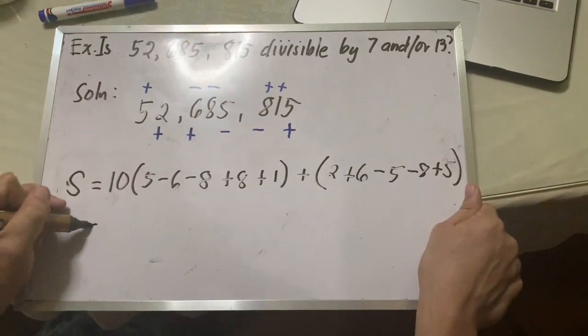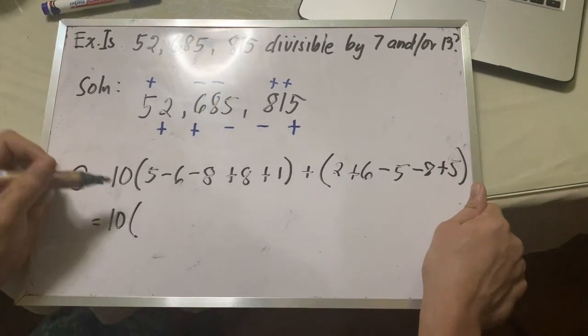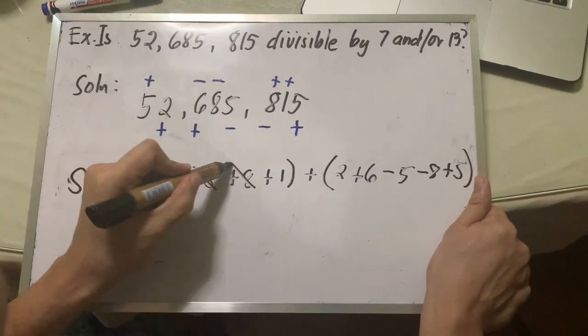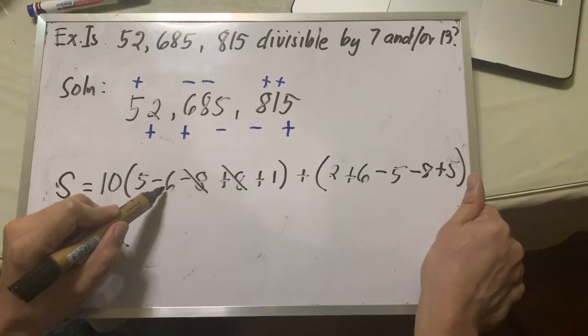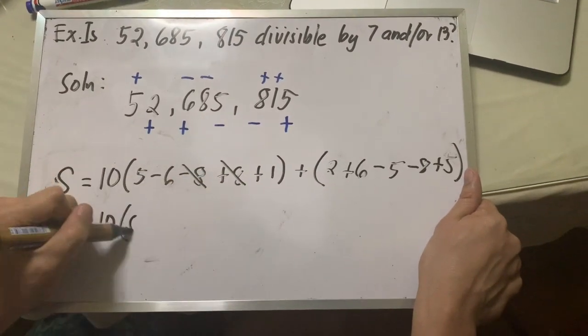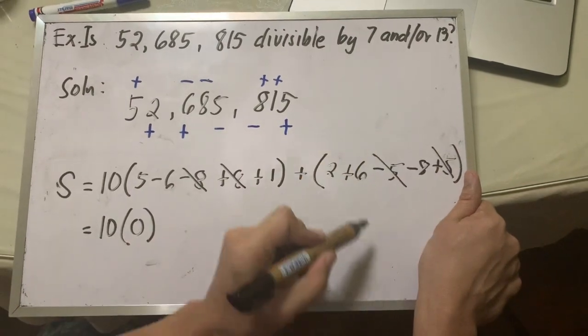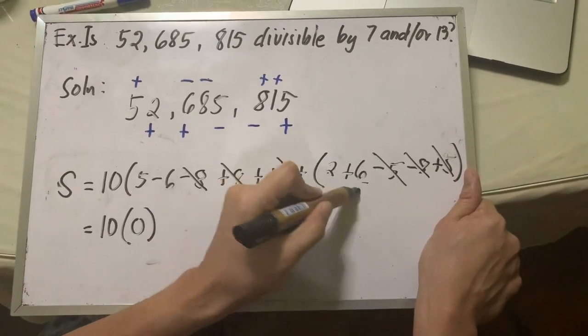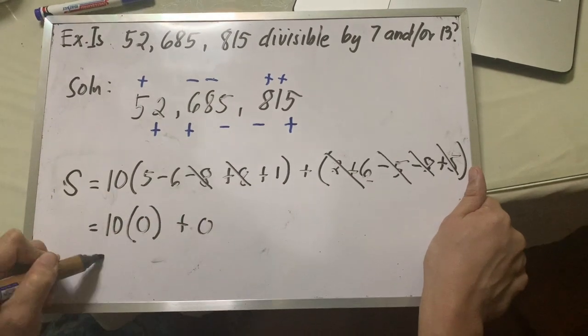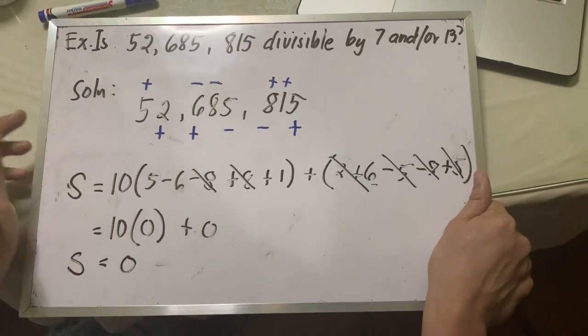And we need to simplify. So that's 10 times, I can cancel this out, 5 minus 6 is negative 1, plus 1 it's 0. Here we have, I can cancel out 5 and 5, and this is 8, this is negative 8, cancel this out, so that's 0. So S is equal to 0.